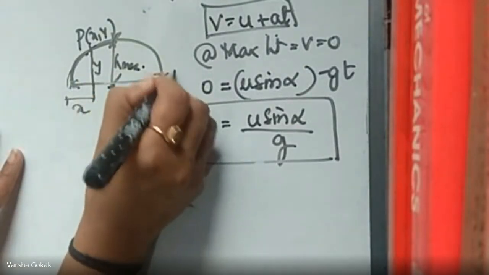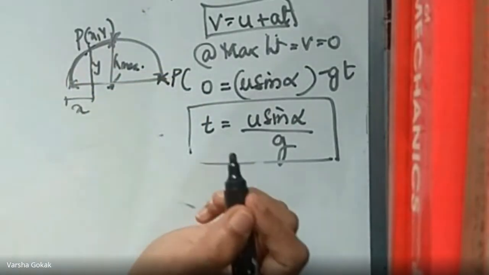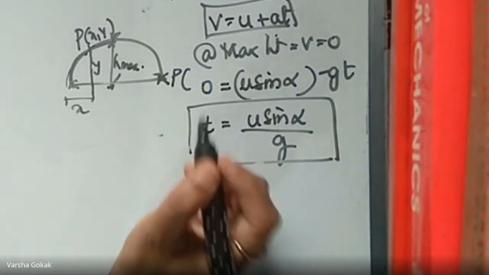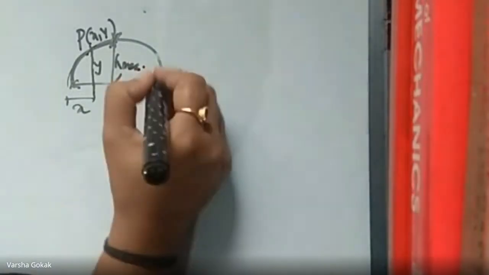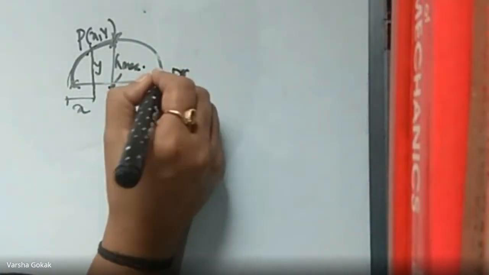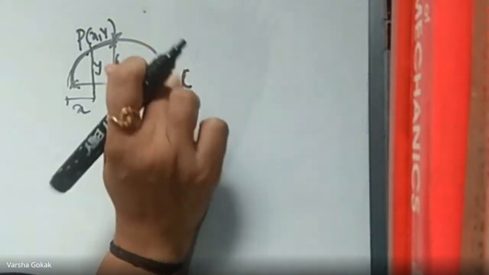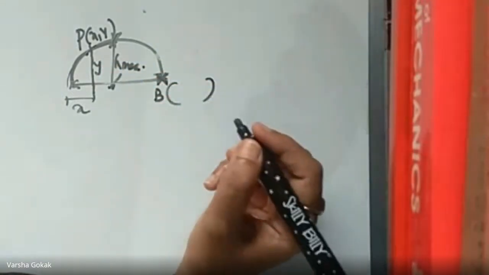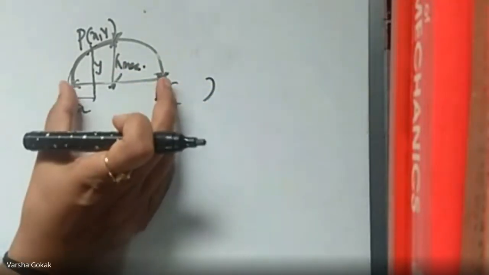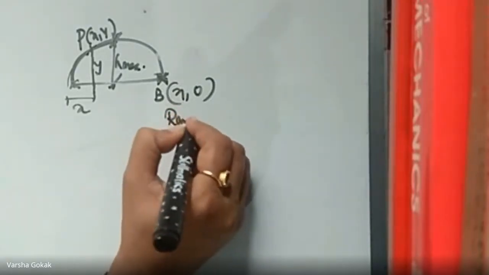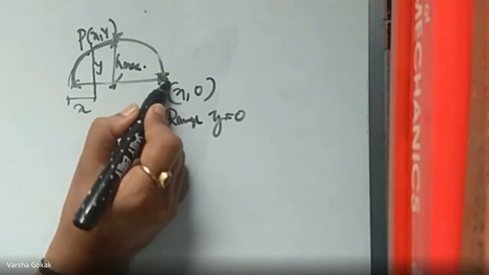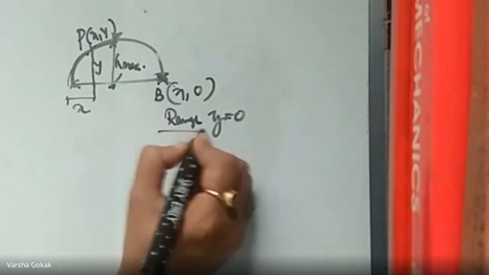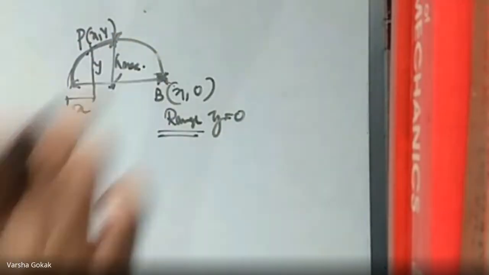Now, what are the coordinates of the last point B? They are x comma 0. x is our range, and y becomes 0 because it is coming and dropping down here.